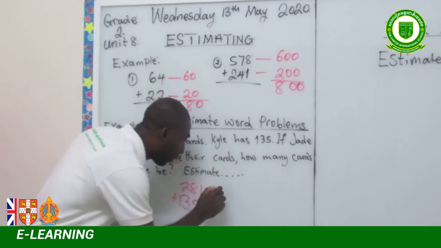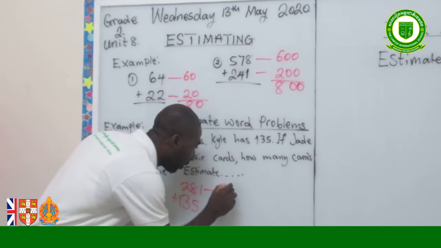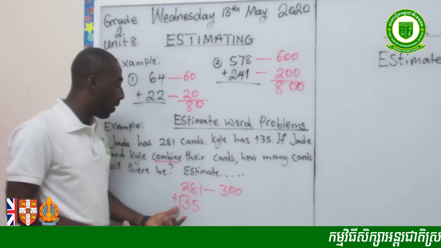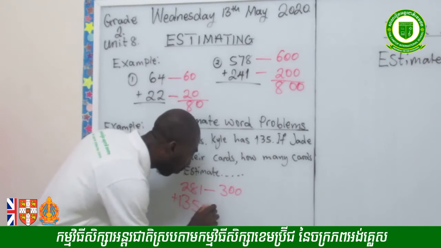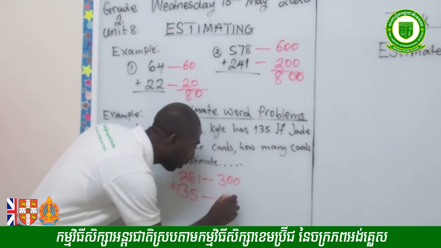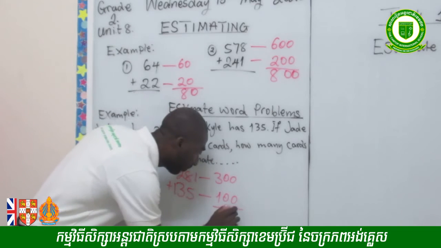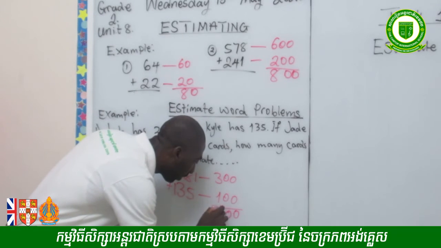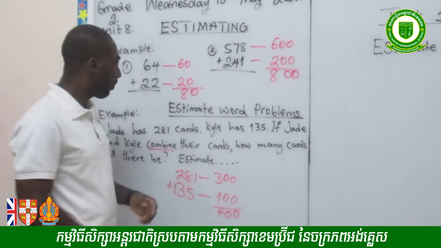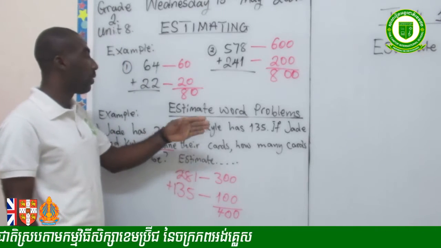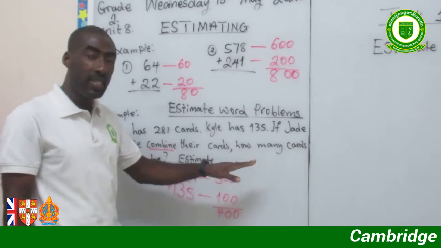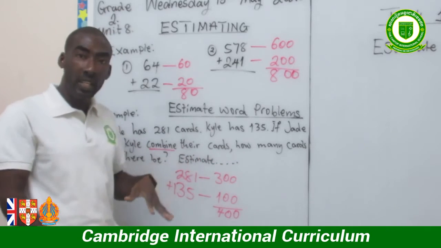So our 281 will tend to be 300, and then our 135 will also tend to be 100. So we can now estimate this to have 400.